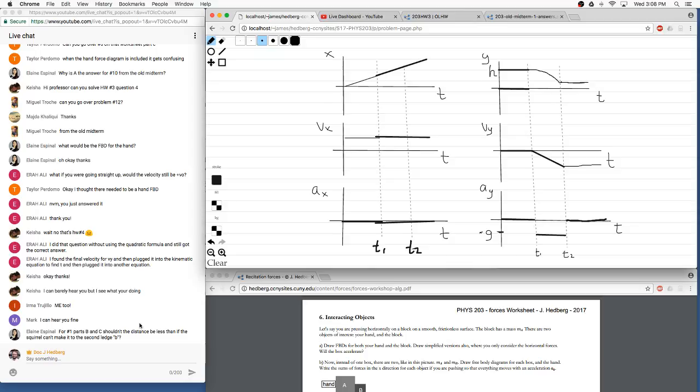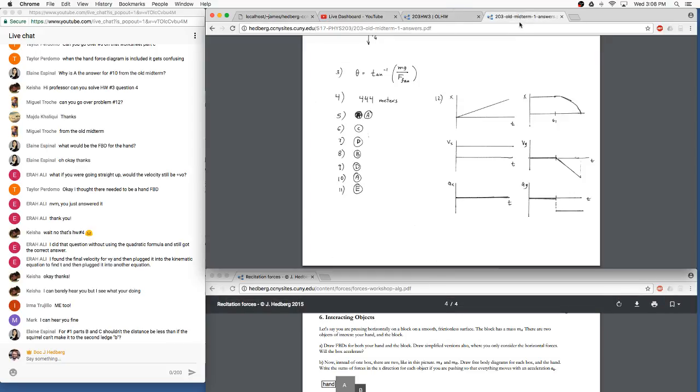For number one, parts B and C, shouldn't the distance be less than if the squirrel can't make it to the second ledge?